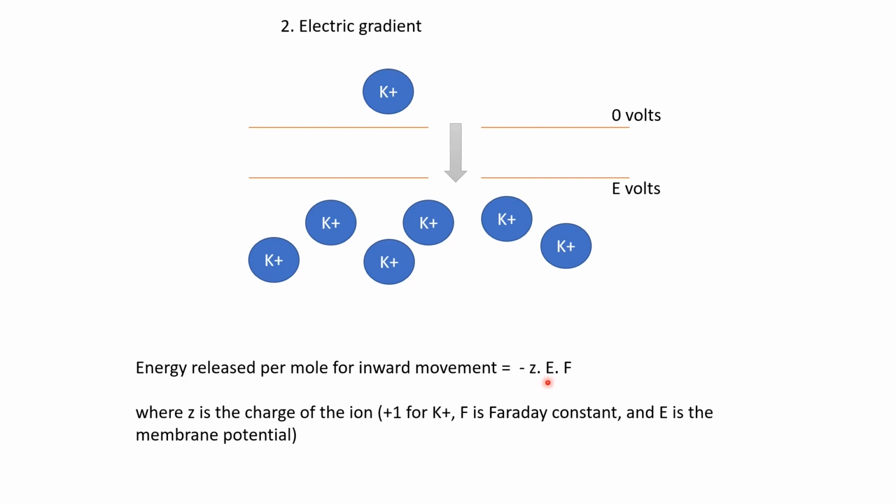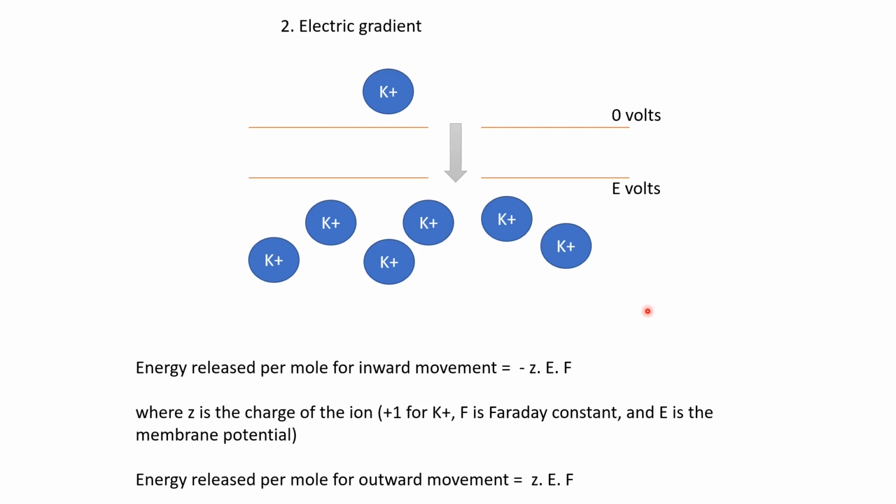Because E is negative and there is this negative sign, this quantity becomes positive. So positive energy is being released when potassium ions move in. And we can also write the energy released per mole for the outward movement. That would be just the inverse of this, so it will be plus ZEF. So this is the energy released per mole if potassium ions move out.